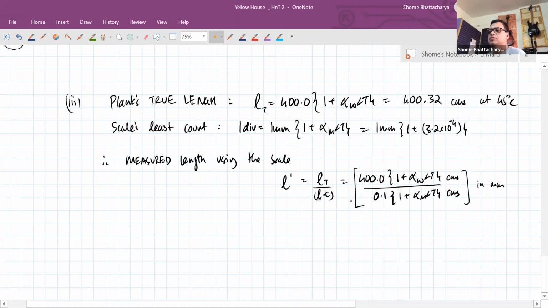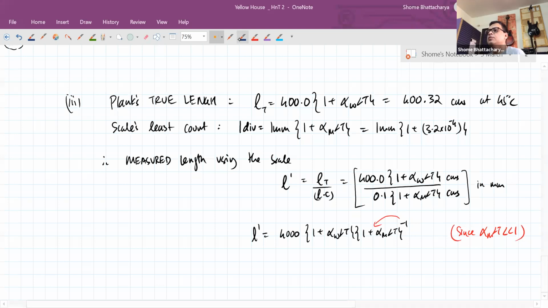Now see, we can use a bit of approximation. So alpha of wood into delta T into 1 plus alpha of metal into delta T to the power minus 1. Now we can use binomial approximation. Since alpha delta T is very small compared to 1, we can bring that power inside.